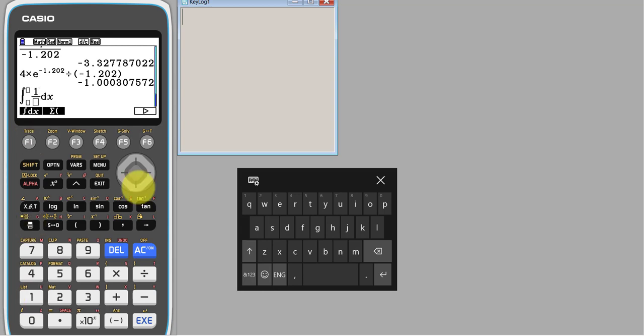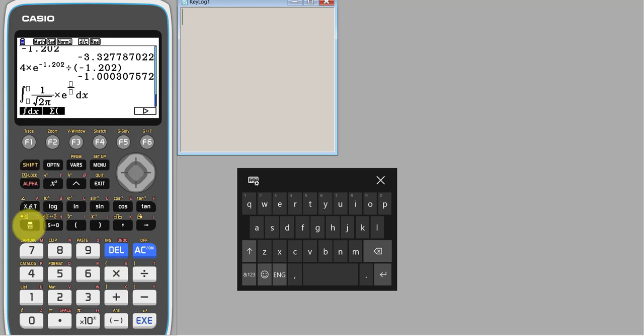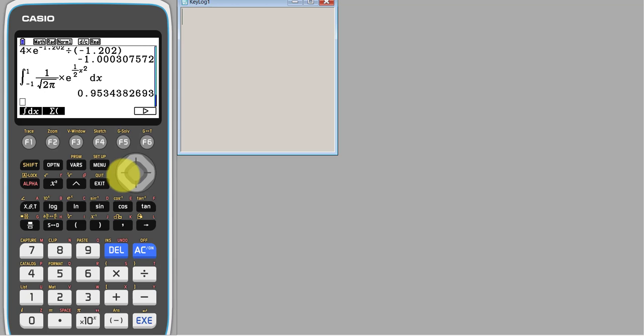It's 1 over the square root, and I've just done the xth root, the square root of 2 pi, which is above the times 10 to the power of x, and then it's times e to the power of, and we've got another fraction inside here, half x squared dx, and of course that is going to be, in this case, between -1 and 1.